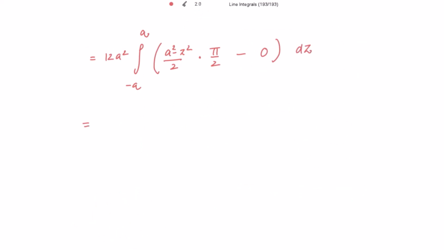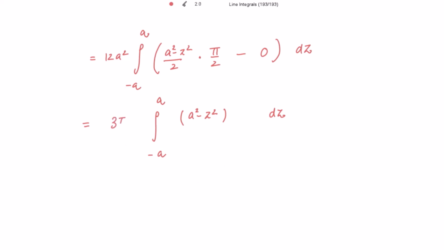So this is equal to, the denominator becomes 4, and I am taking this 4 outside. So I get 12 divided by 4a square integral from minus a to a of a square minus z square into pi dz. So this cancelled out and we get 3a square. Let me also take this pi outside.